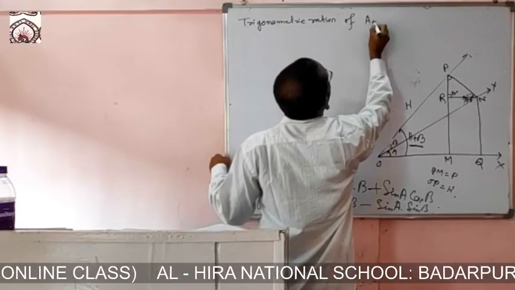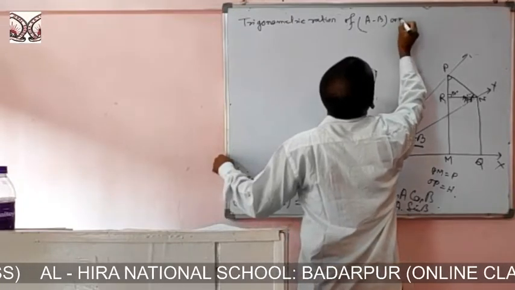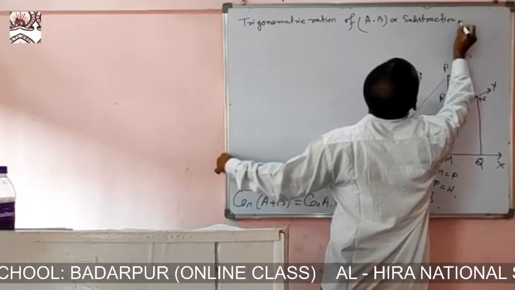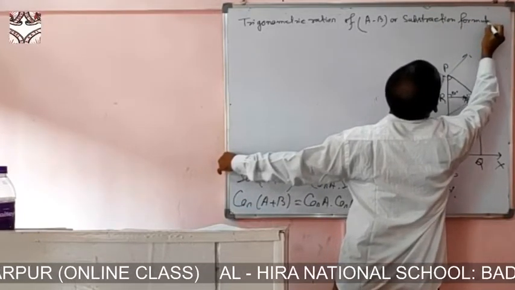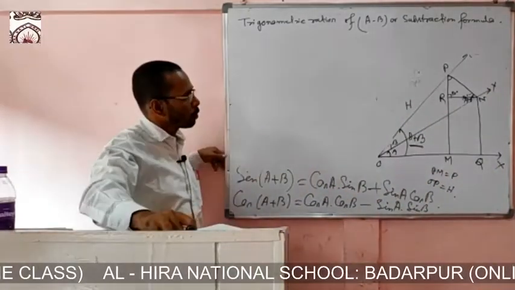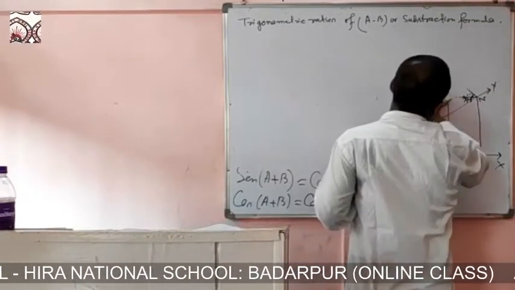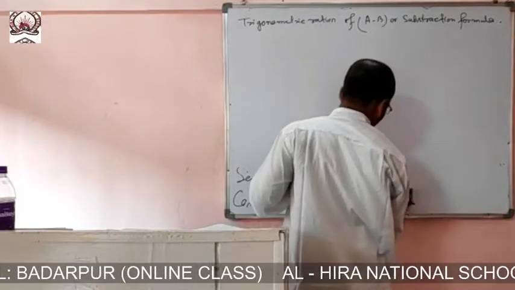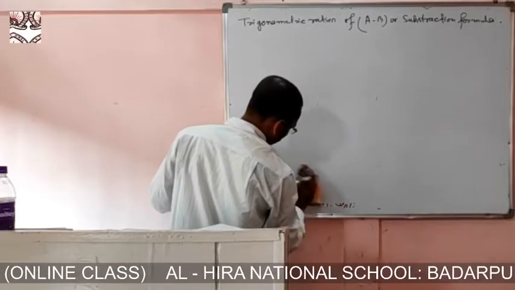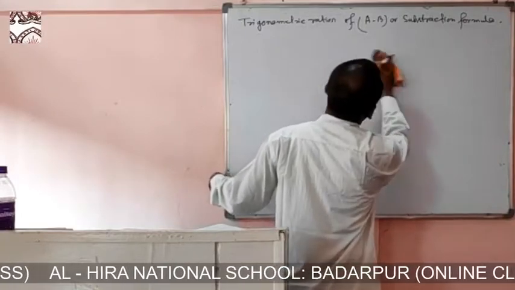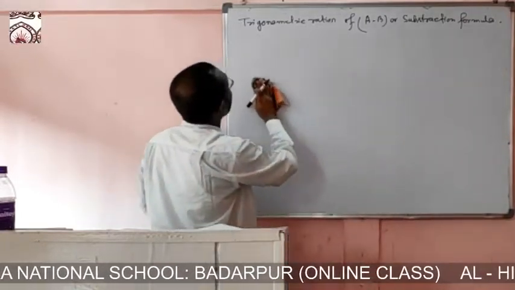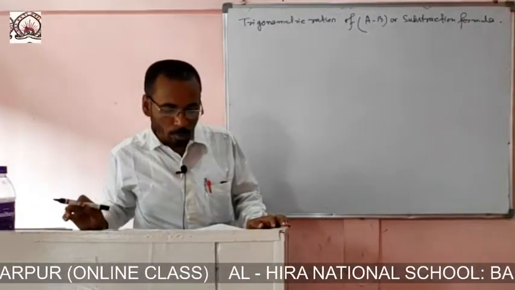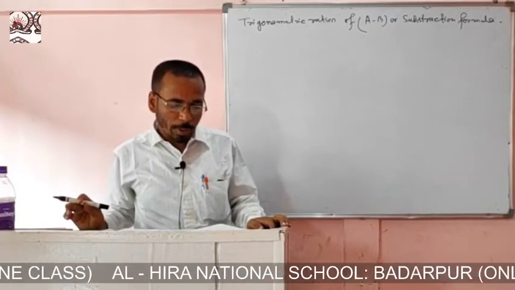Here we got 4 formulas of addition: one is sin a plus b, another is cos a plus b, then tan a plus b, and then cot a plus b. Now we will learn the trigonometric ratios of a minus b, or the subtraction formula. For the subtraction formula we again draw a figure.